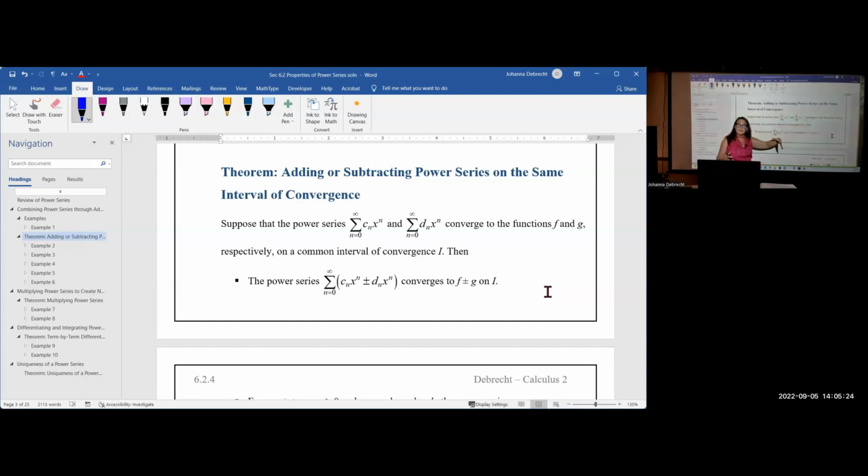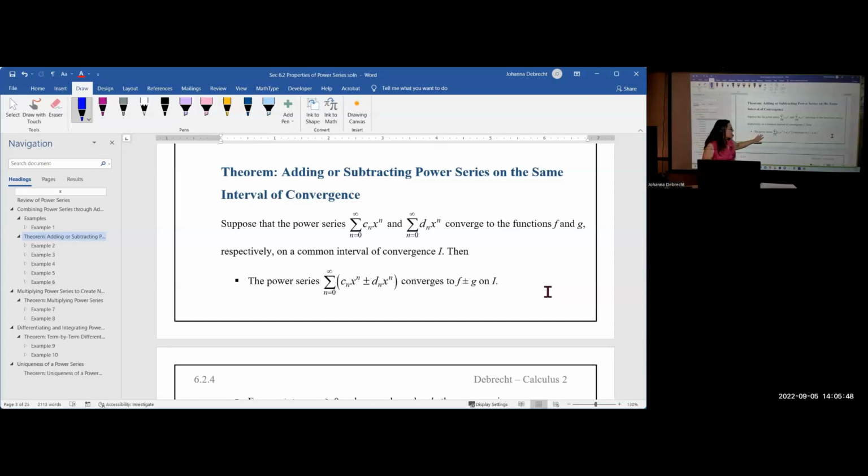And we did some of this in the previous section. So we have two power series that converge to two functions on their own intervals of convergence. Now, let's suppose that they have a common or overlapping interval in their intervals of convergence. We're going to take that overlap as the new interval of convergence.